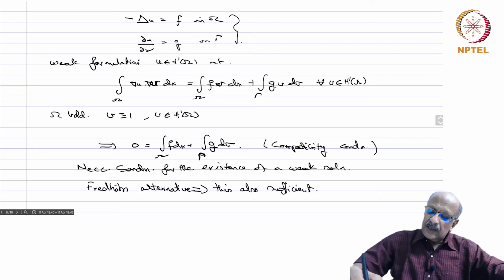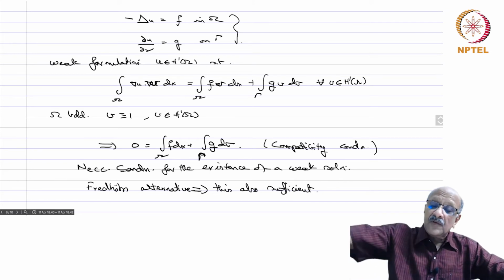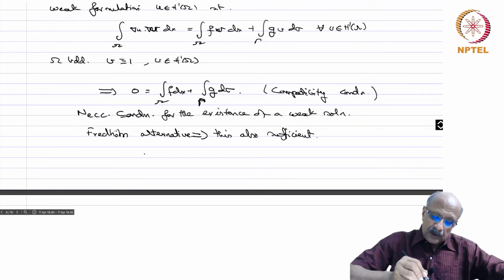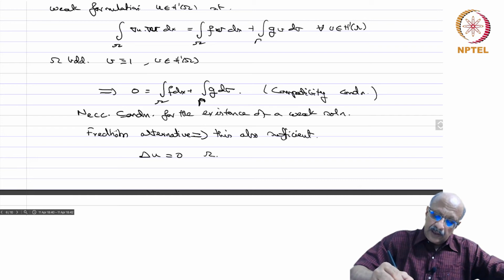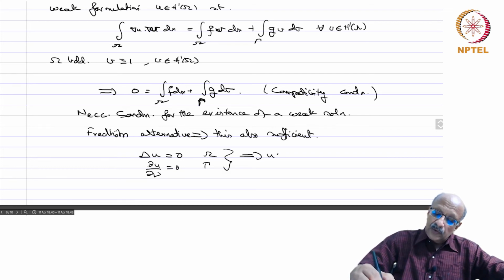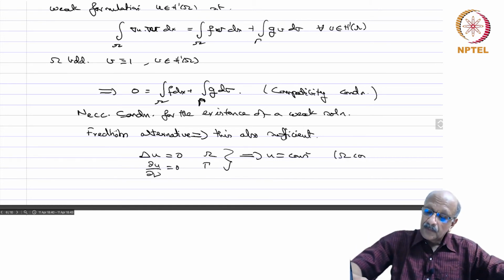So this is a necessary and sufficient condition for the existence of a solution, which comes from the Fredholm alternative. Now this is because if you look at −Δu = 0 in Ω and ∂u/∂ν = 0 on Γ, the homogeneous problem, then this will mean that u is a constant. One can prove this if Ω is connected, of course.